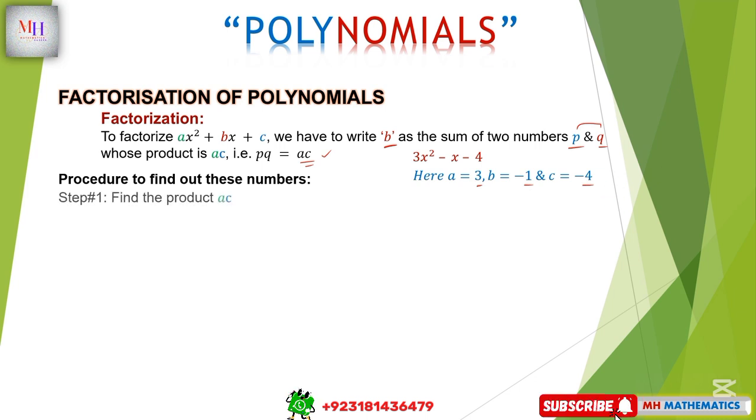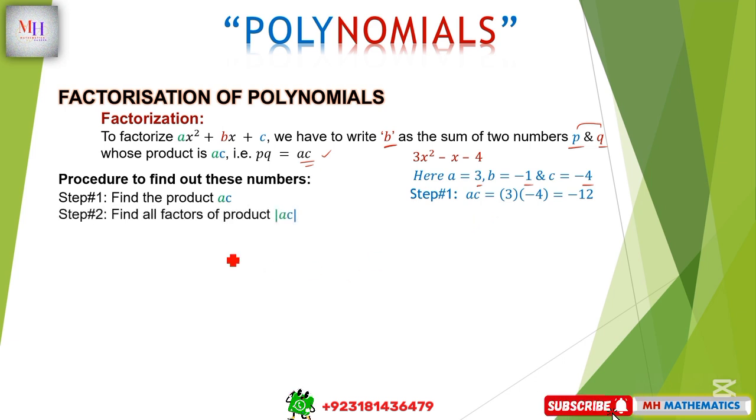The first step is to find the product ac. In this case ac is equal to 3 into minus 4, which is minus 12. The second step is to find all the factors of the magnitude of ac. Here I have used the mod of ac because I don't want to use the sign of ac. So in the second step the factors of 12 are 1, 2, 3, 4, 6 and 12.